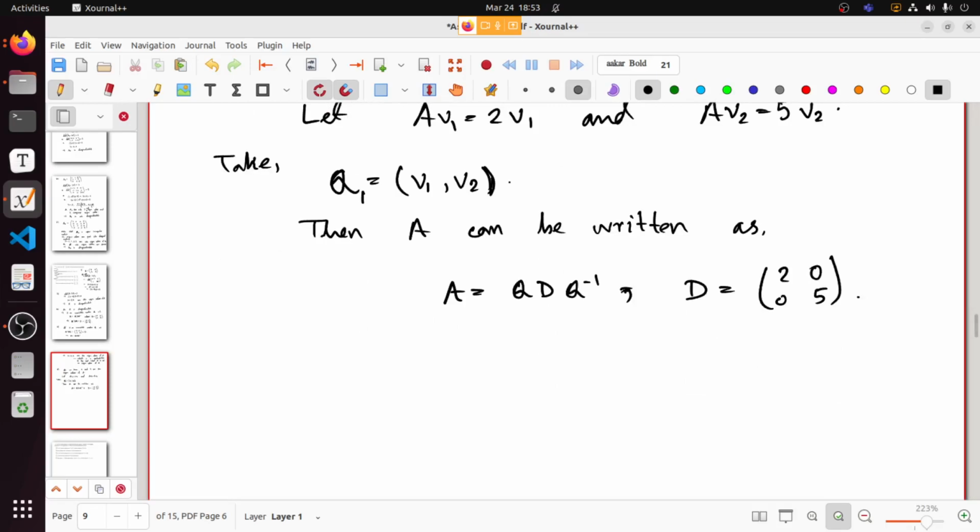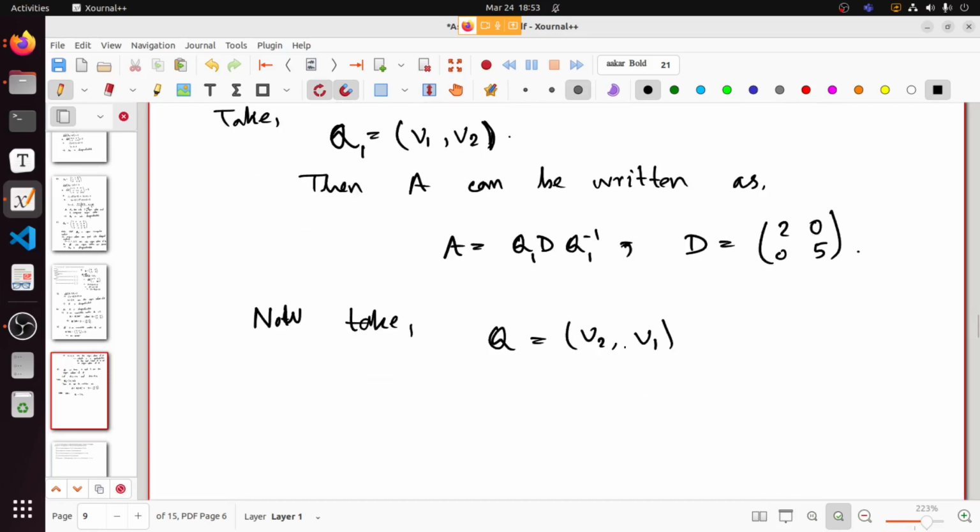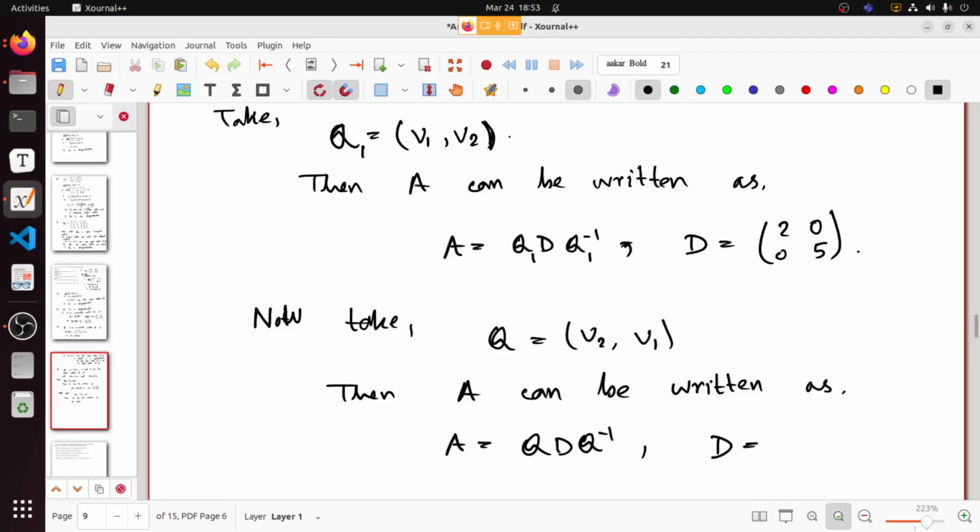Now flip this basis. The one I took before, call it Q1. Now take Q2 with columns V2, V1. We are just changing the order of the basis, so it will remain invertible. Then A will be Q D Q inverse, where the diagonal entries will flip, so D is [[5, 0], [0, 2]], right?